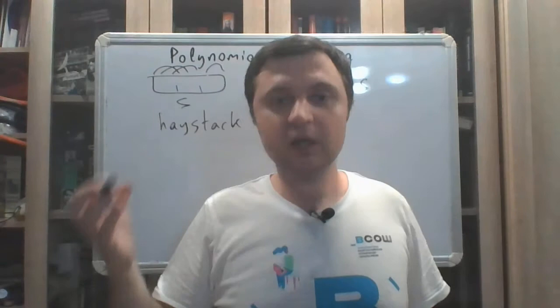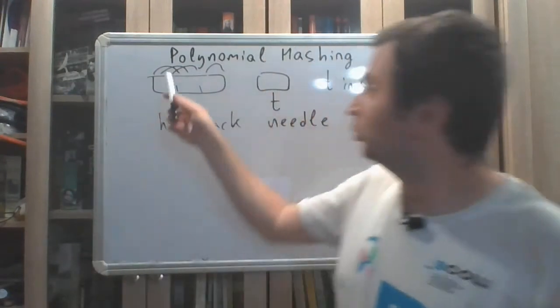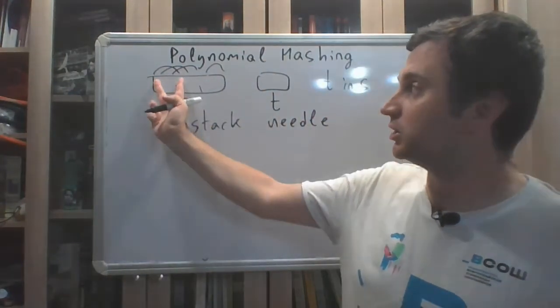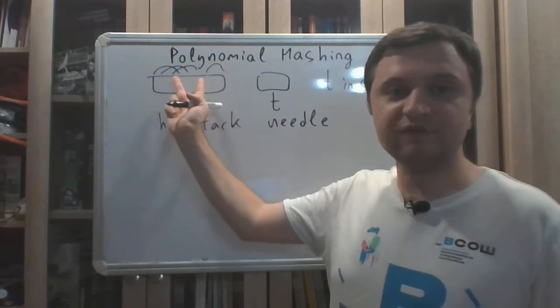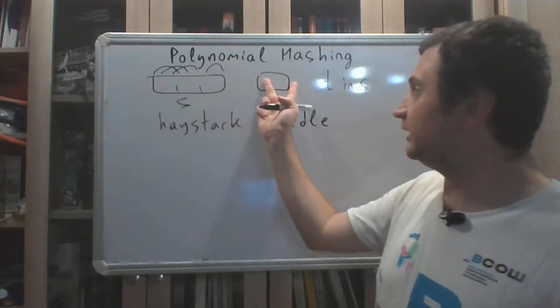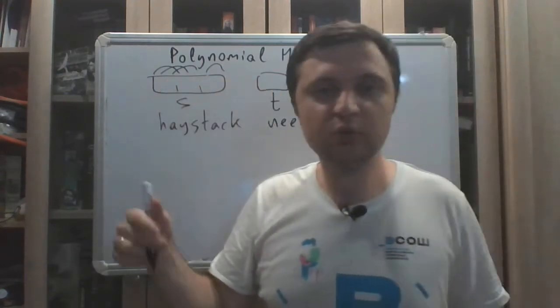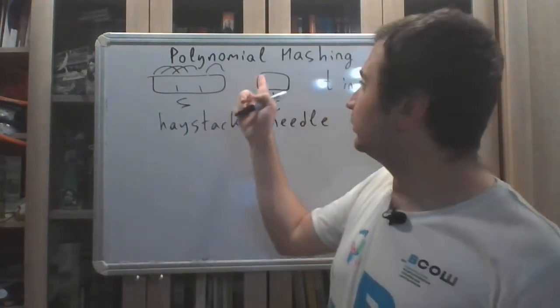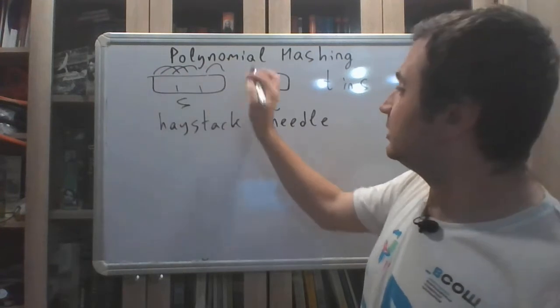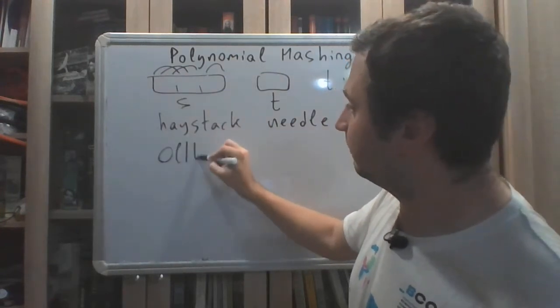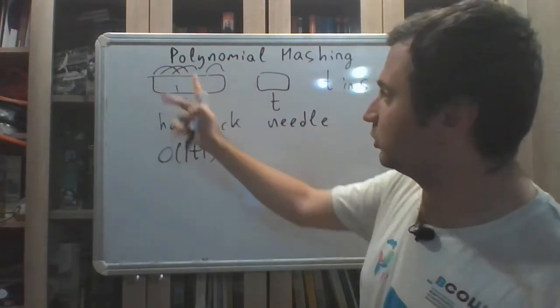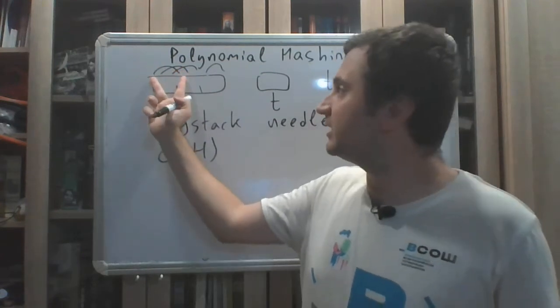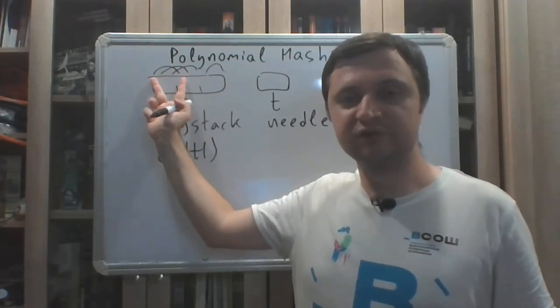But formally, what do you do? You take a lot of positions inside S of length equal to the length of t, and you do a formally linear procedure to compare. So you take O of t time to find out whether this place is an occurrence of t.